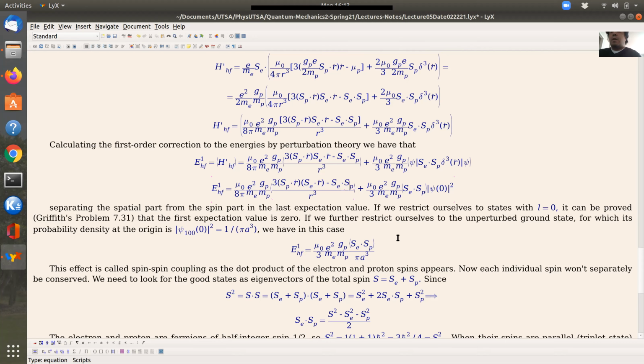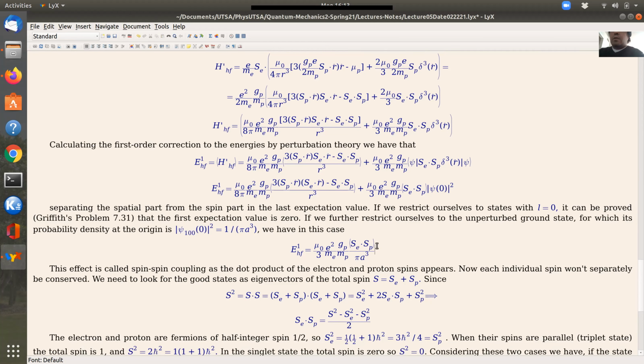Now, if we further restrict ourselves to not only L equal to zero, but to the unperturbed ground state, so basically quantum numbers 1, 0, 0, we can plug in the value of this probability density, which is 1 over pi a cubed. So what we'll have in that case is simply plugging in this value.